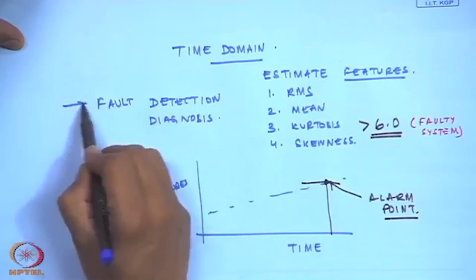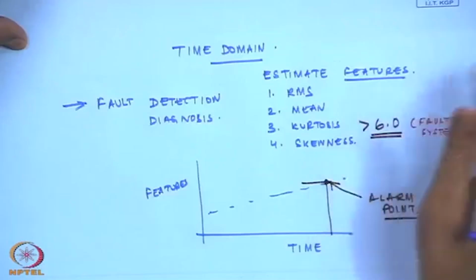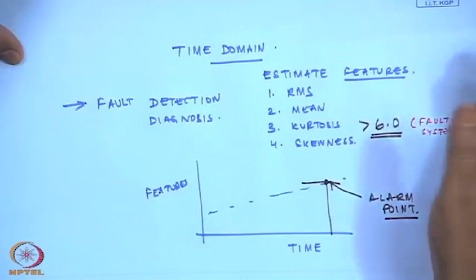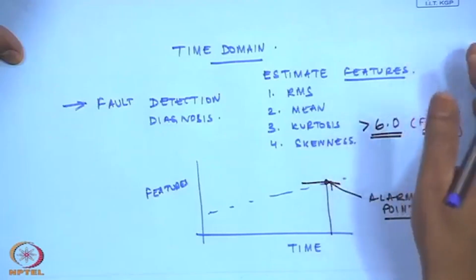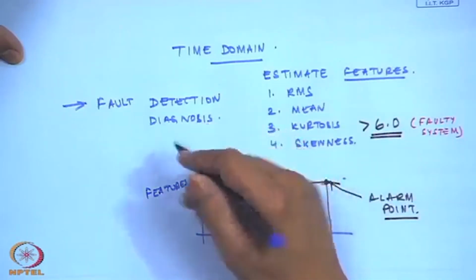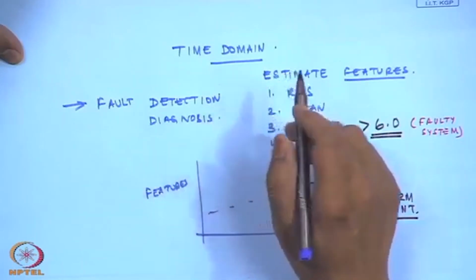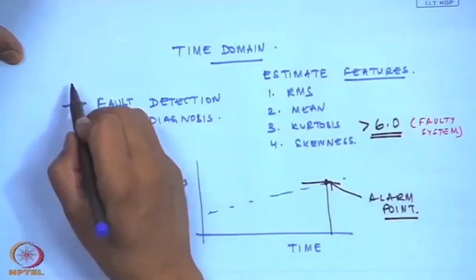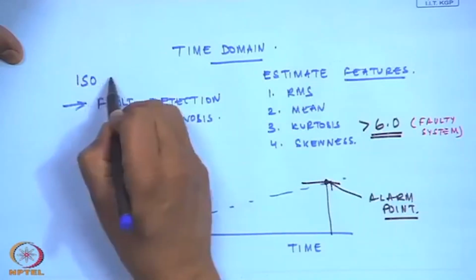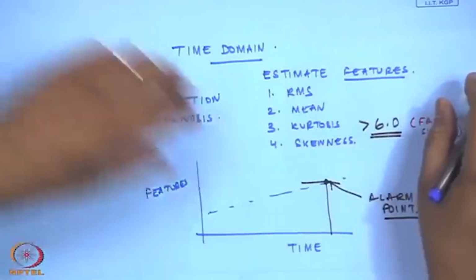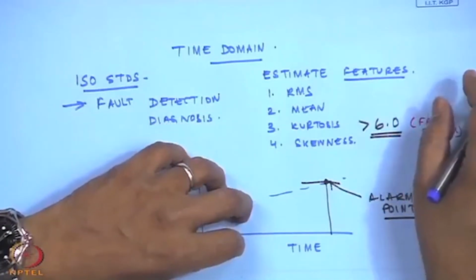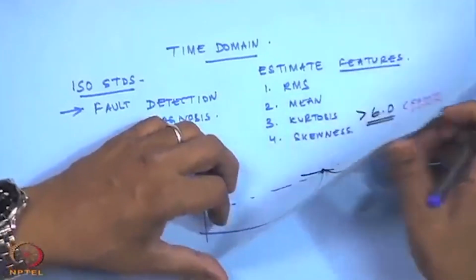We know grossly this will let us know that there is a fault in the gearbox, but we would like to know which gear, how, where and so on, and then we have to go more into diagnosis module of the gearboxes. And there are many ISO standards which I will tell you when we discuss case studies in general and how such case studies are used to measure the vibration of systems.